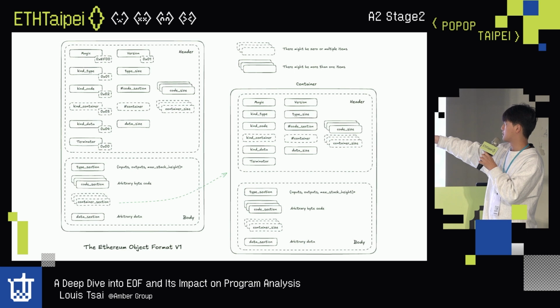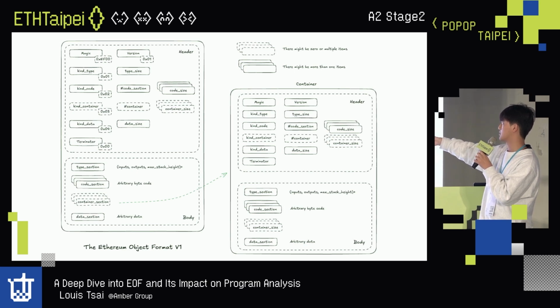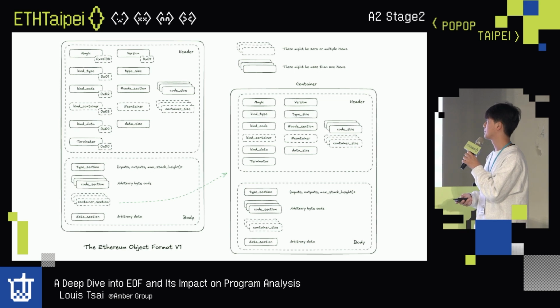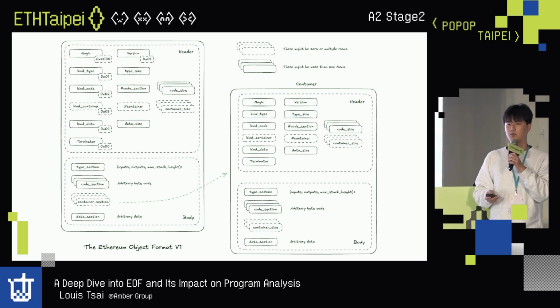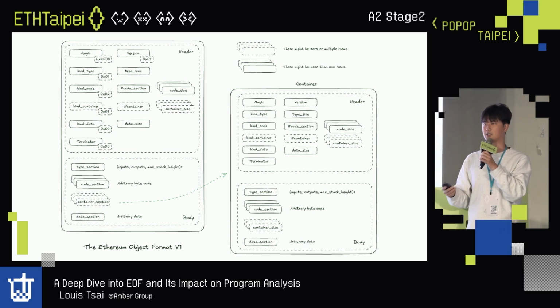And after the code kind, here is the total number of code sections. And here is the list of the size for each code section. And then we have the container kind.